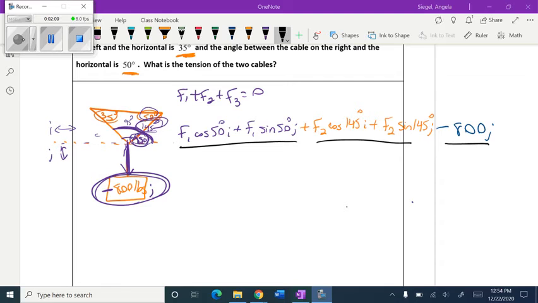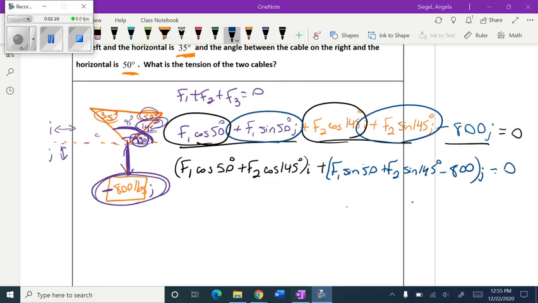Okay, so I've added my three components together and we are going to set it equal to 0. Okay, so just like I did before, right now I have them separated into the three forces, but I don't want to do that. I want to group them in terms of I and J. And so let's do that next. Okay, so I think I have them all grouped.